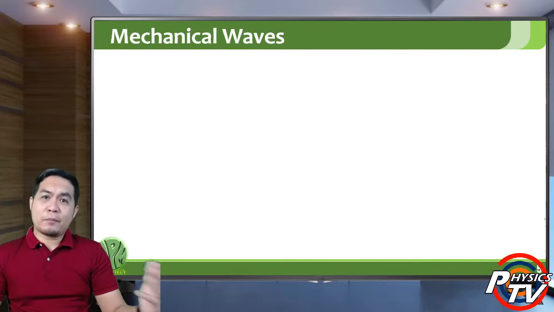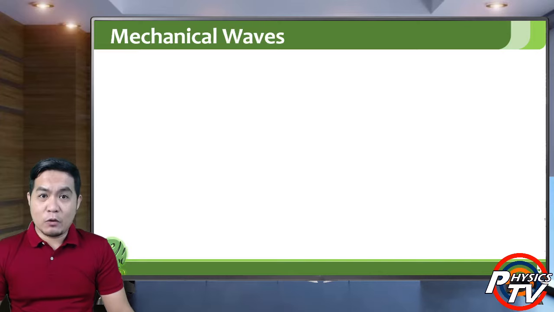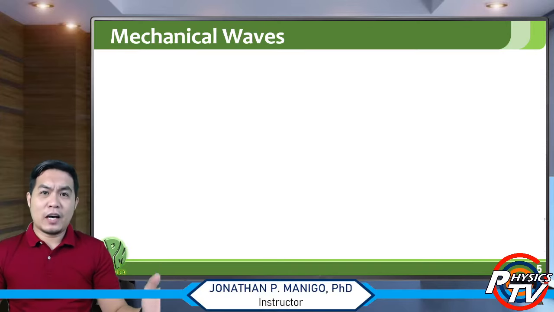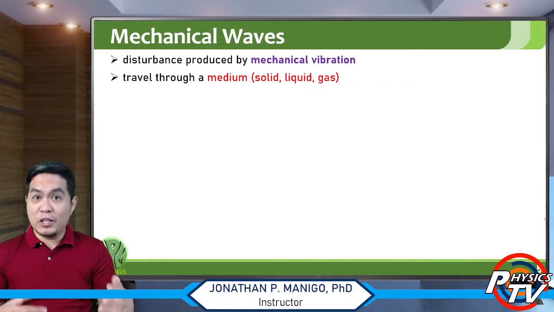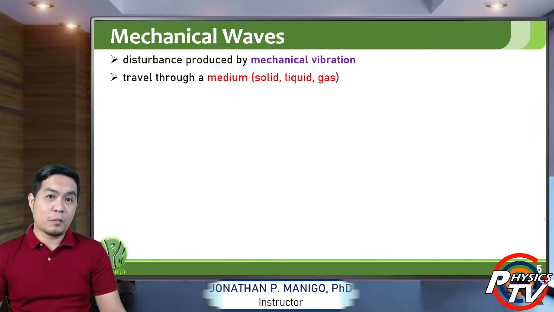For this chapter, we will only focus on mechanical waves, but there are other types of waves that are non-mechanical in nature. Mechanical waves are disturbances produced by mechanical vibration, and they need a medium such as a solid, liquid, or gas in order to travel or propagate.